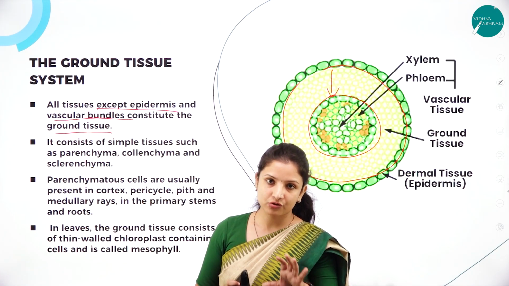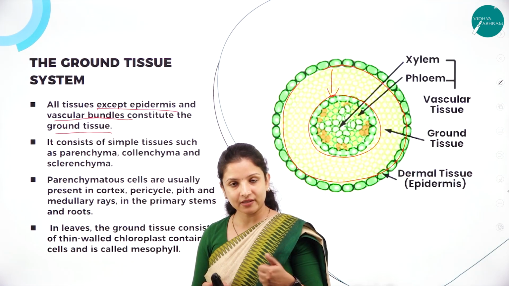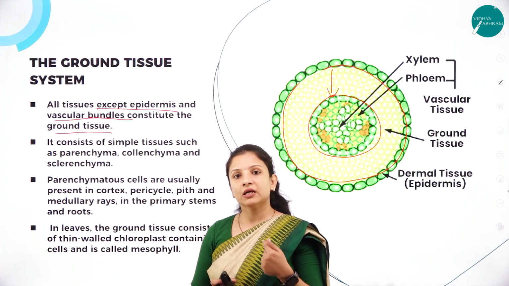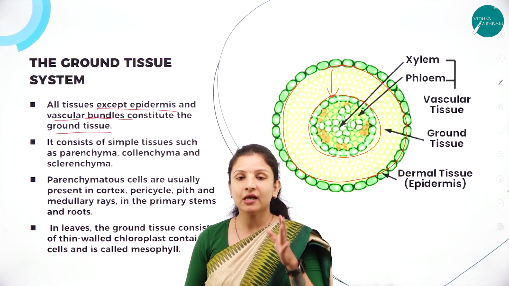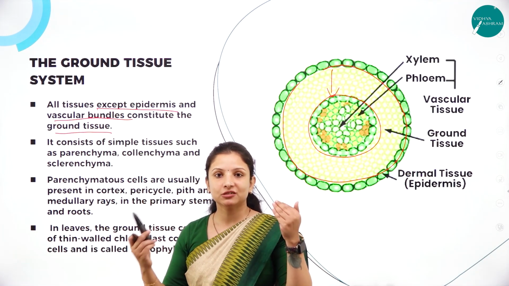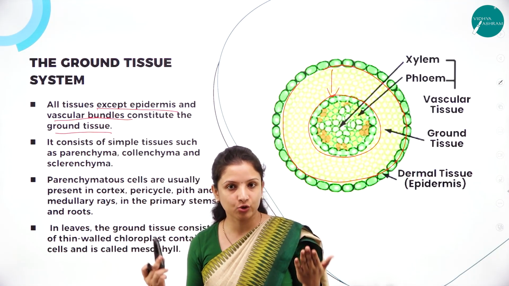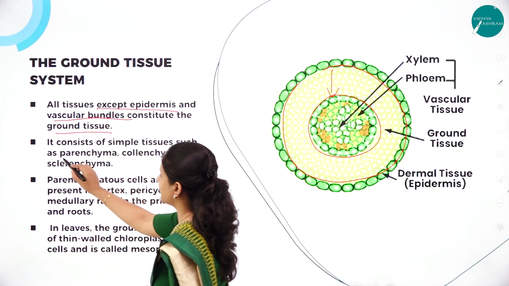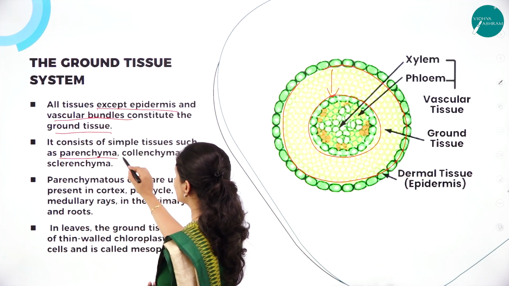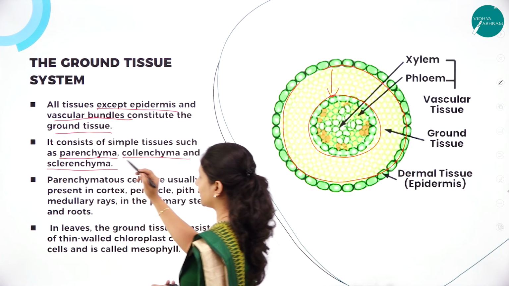Now this ground tissue system can be parenchymatous, sclerenchymatous, made up of collenchyma cells, or made up of chlorenchyma cells. Here also, in different species of plants, their arrangement tends to vary. And it consists of simple tissues such as, as I told you, parenchyma, collenchyma and sclerenchyma.